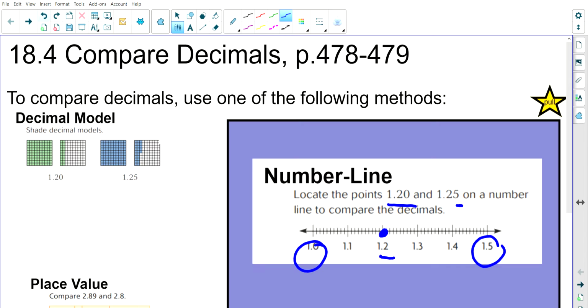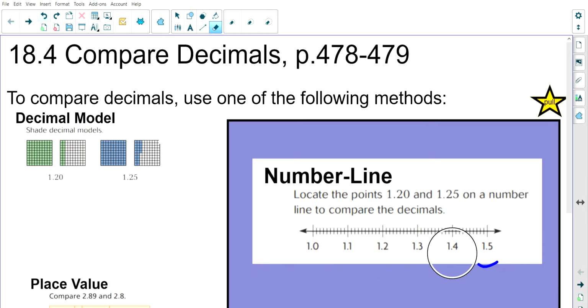So if I counted on 20 hundredths, 21 hundredths, 22 hundredths, 23 hundredths, 24 hundredths, and 25 hundredths, I can then easily see that 1 and 25 hundredths here is greater than 1 and 2/10, just like we saw with the decimal model.